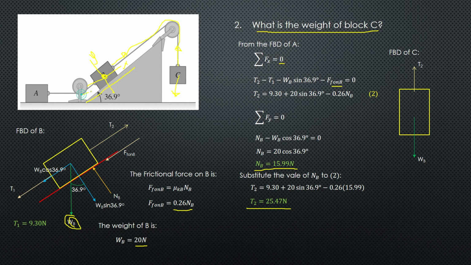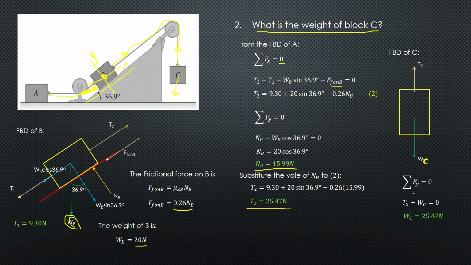This is T1 on this side because it is connected to block A. Okay, so T2 going up, and weight is always in downward direction. Okay, so there are no horizontal components, so summation of forces along y will be equal to 0, and that is T2 positive minus weight of C, sorry, this is weight of block C.